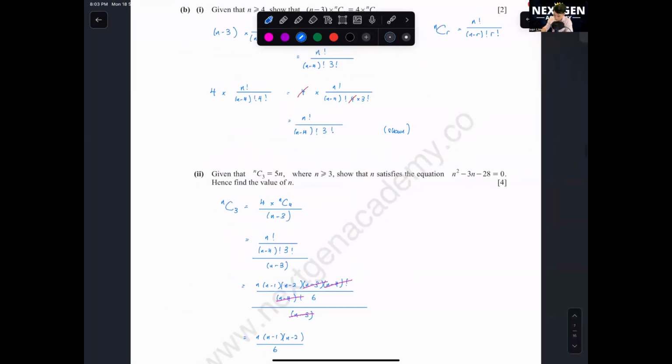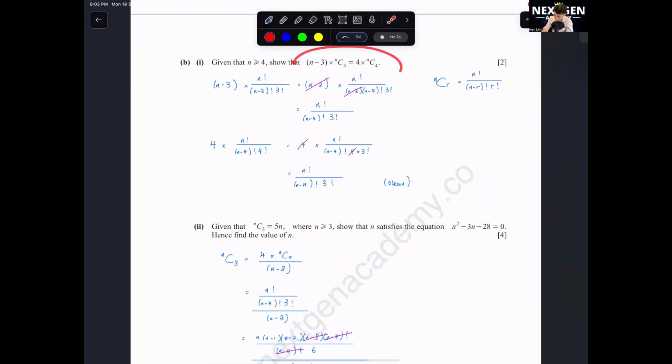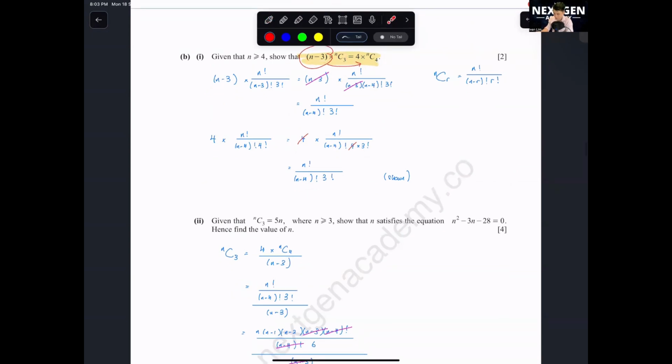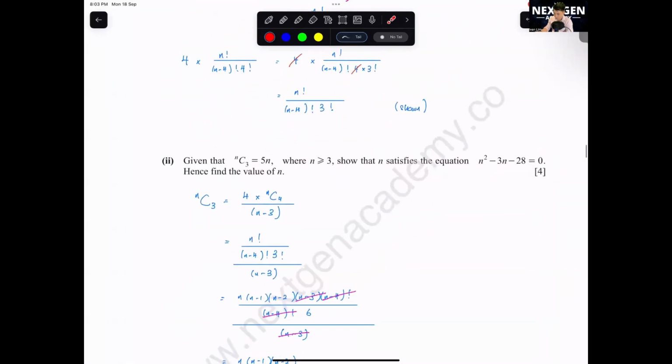I just rearrange this equation from here. Basically, I bring this down: 4 times nC4 divided by (n minus 3). Then now we equate it with 5n. So n times (n minus 1), (n minus 2) over 6 is equals to 5n.